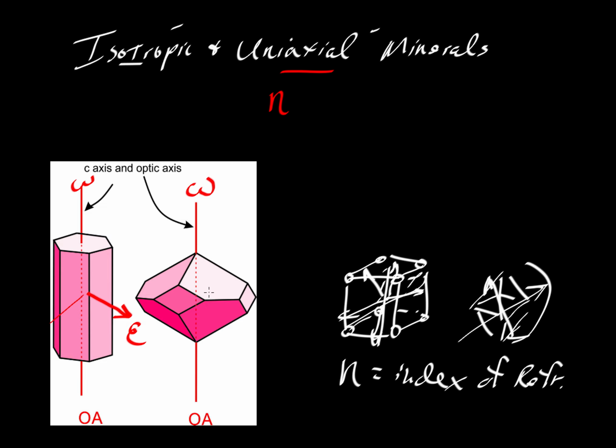And we could do the same thing over here. We would have epsilon over here, and then epsilon over here. And because we have minerals, in this case, that are all in the hexagonal or tetragonal system, these axes here that are perpendicular to C are all the same.